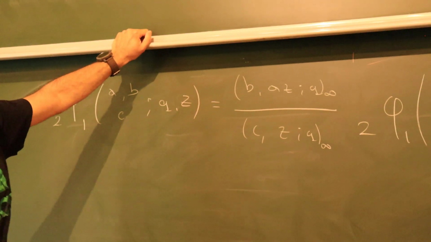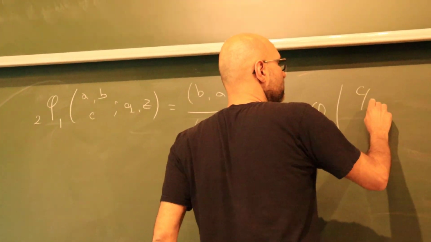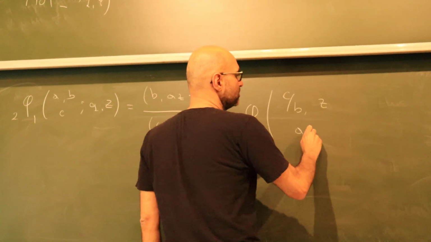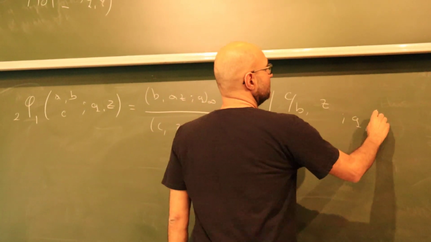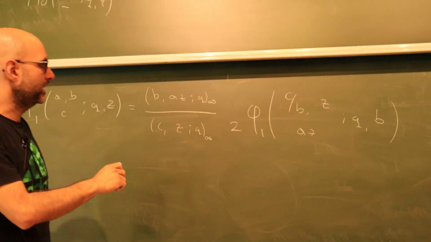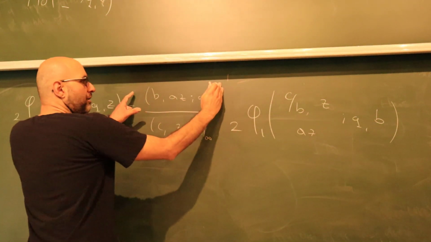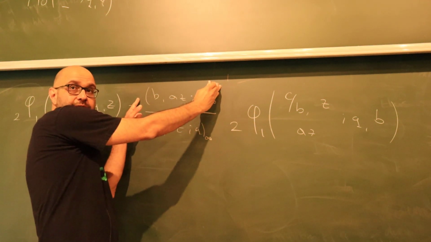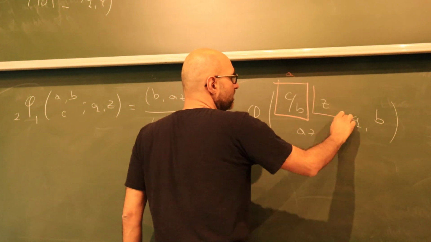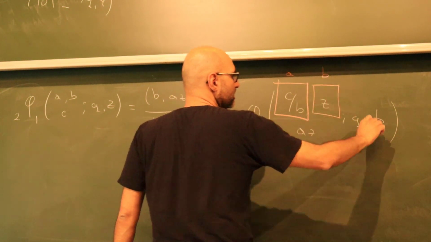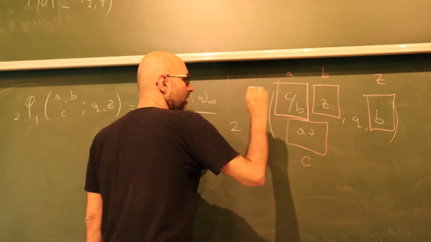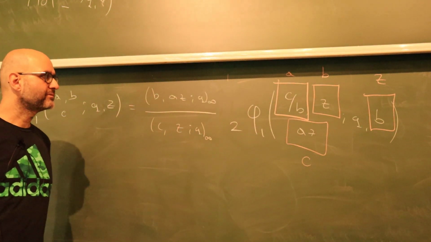Another similar series has parameters C over B, z, and downstairs we have A times C. Now we really need colors here. Forget about the infinite products in the front for a moment and take this as A, take this as B, take this as z, and take this as C.